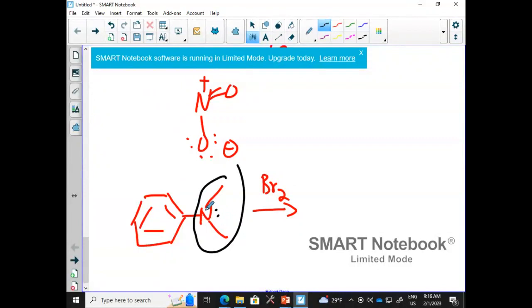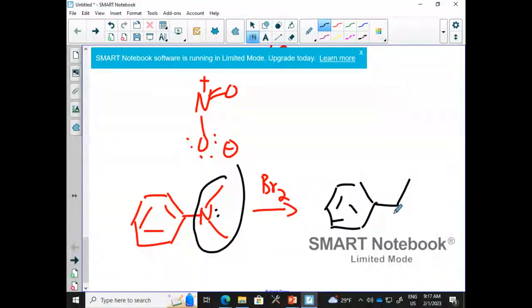And you have a lone pair here, a very powerful activating group. Are there any cases where it has a lone pair and is a deactivated group? Only halogen. Only halogen.